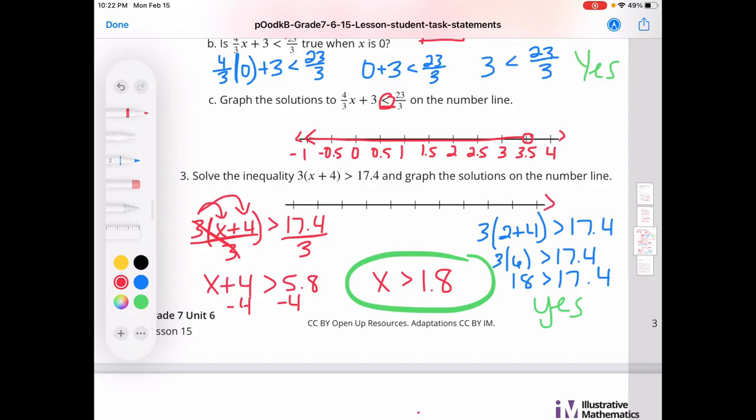So if I graph my number line, I'm going to erase some of this now to get it out of the way. So let's just start with 0, and we'll do 0.2, 0.4.